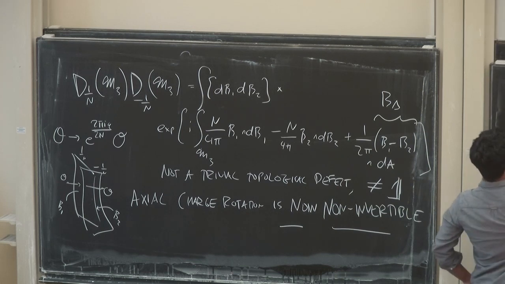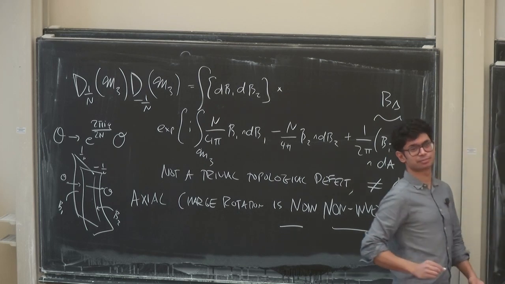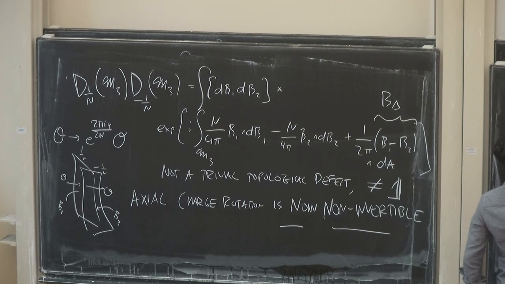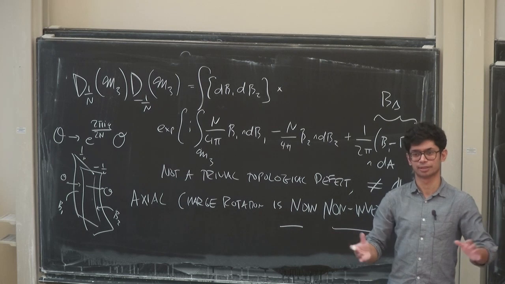So I've generated 1 over n, and I can do that p times. So really I can create a p over n rotation, which really means it's any rational covering of the circle. It's like the rational part of U(1), whatever that means.